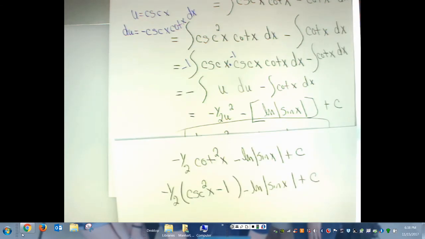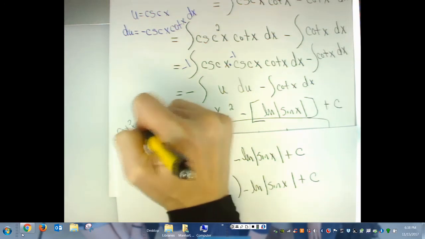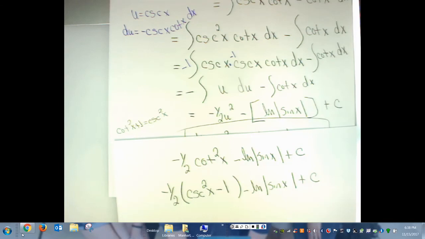Again, if you have forgotten, cotangent squared x plus 1 equals cosecant squared x. So if I subtract 1 from each side, cotangent squared x is equivalent.